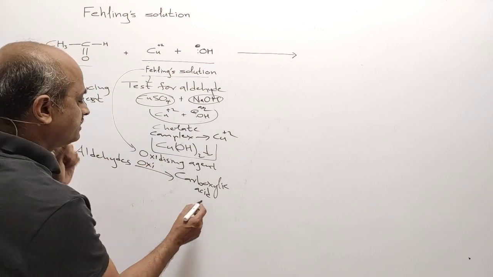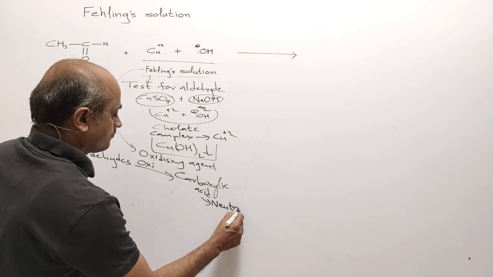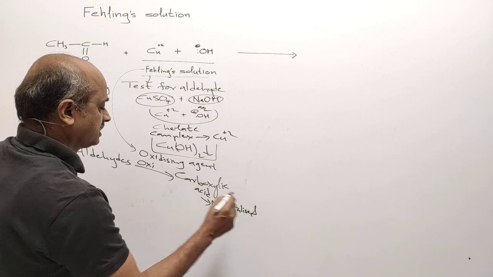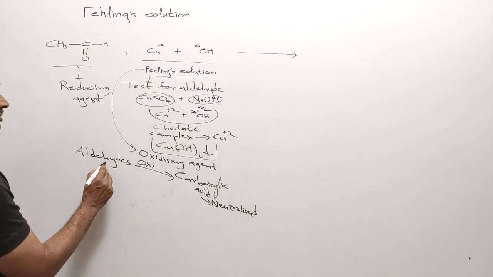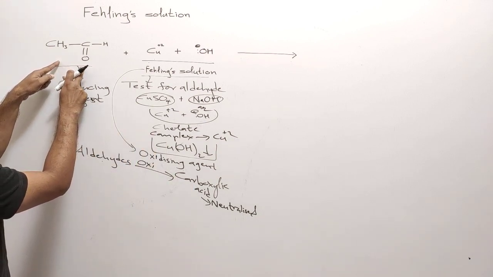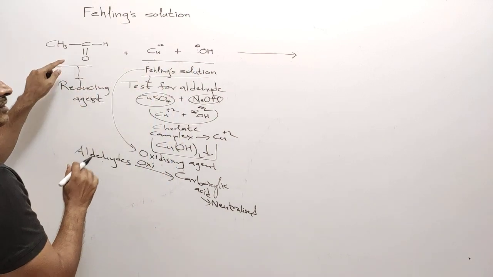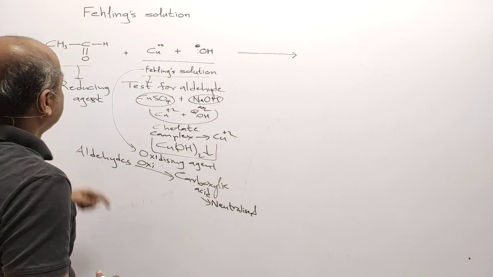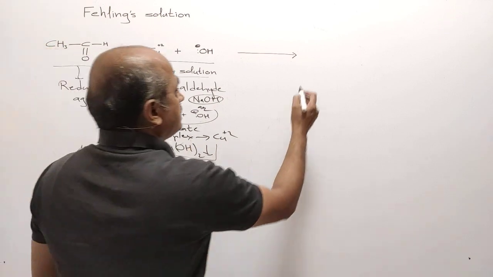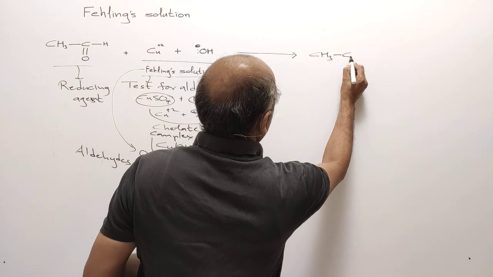The acid will immediately get neutralized to the corresponding salt. So aldehydes on oxidation give carboxylic acid. So if here it is an aldehyde with 2 carbon atoms, then with Fehling solution, since it gets oxidized, automatically the corresponding carboxylic acid is this.